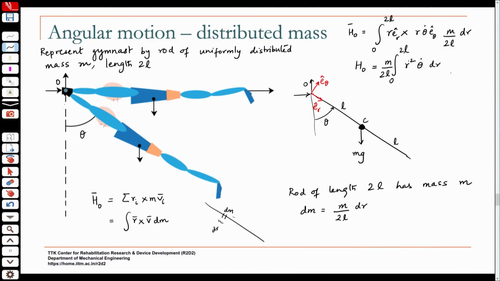For all the points on the rod, the angular velocity is the same, so I can bring theta dot out as well, leaving the integral from 0 to 2L of r squared dr.